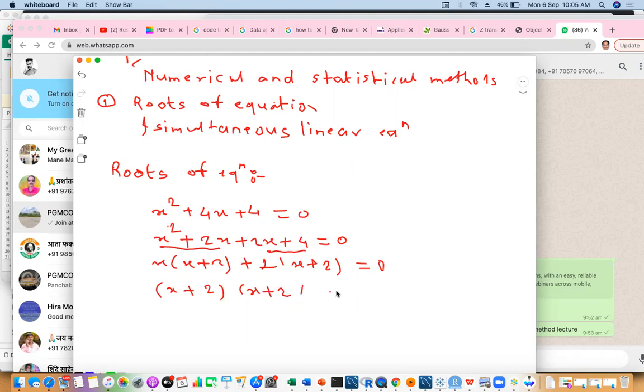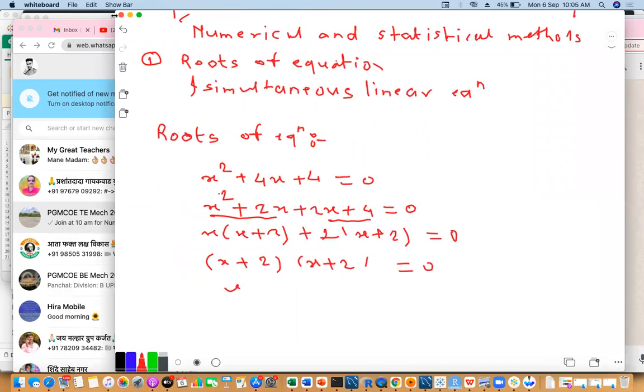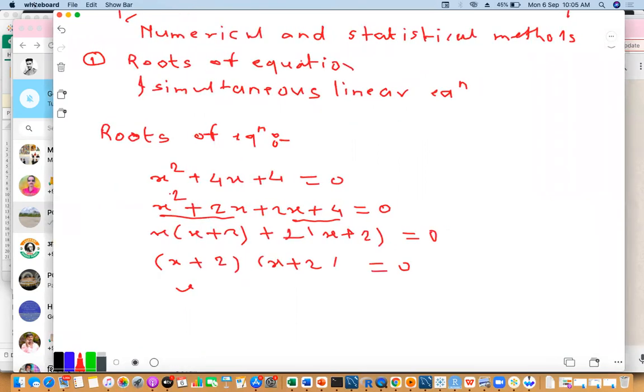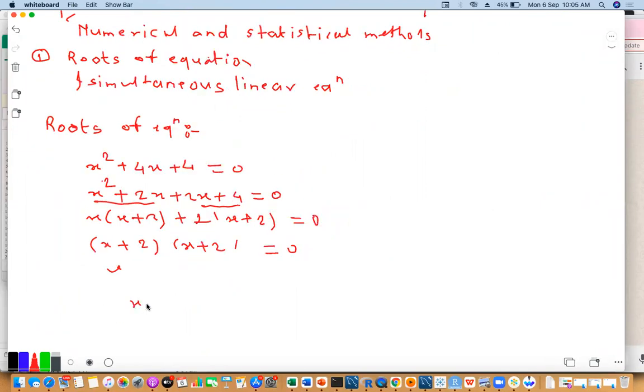So then we will have either x plus 2 is equal to 0 or x plus 2 equal to 0, right?